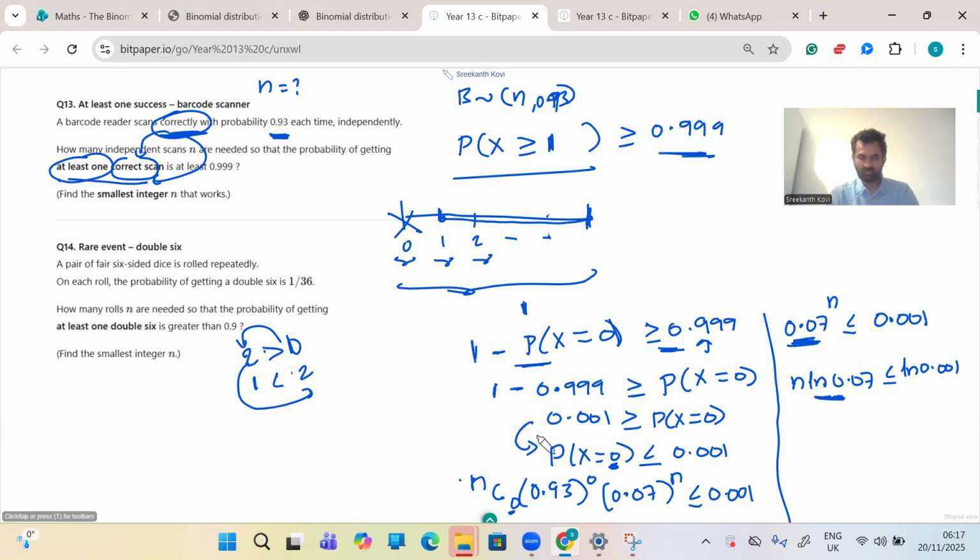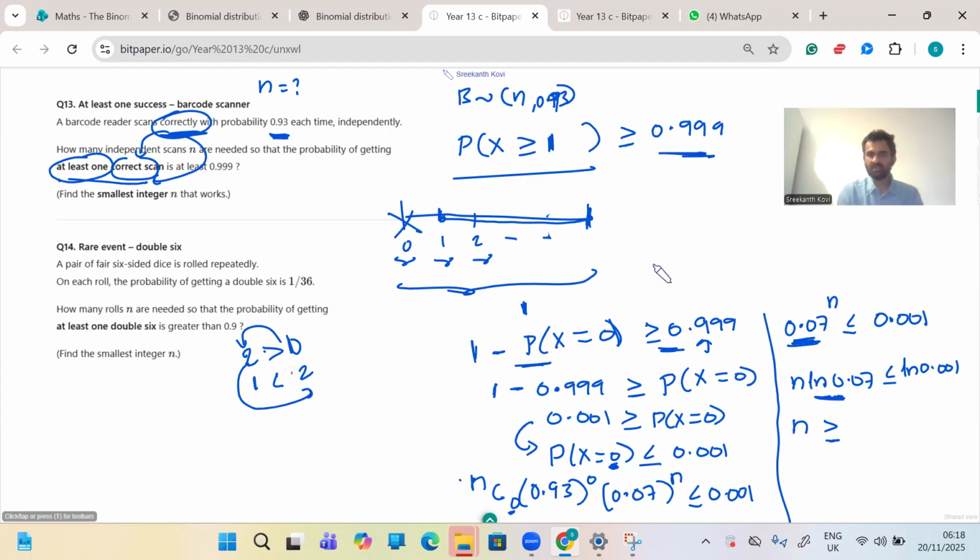So if you go to the calculator and see how much ln 0.07 is, that is a negative value. Because you are dividing by a negative value, it should become n greater than or equal to ln 0.001 divided by ln 0.07.